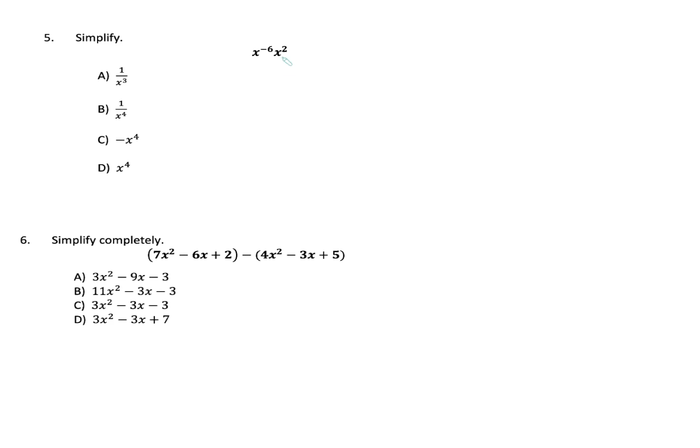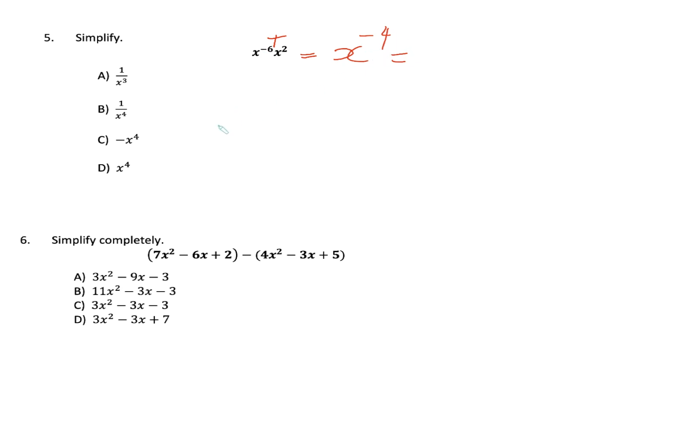Okay, we have the product rule again because you're multiplying, and the rule states that if you multiply, keep the base, and I'm going to add my exponents. Negative 6 plus 2 is negative 4. In algebra, we don't really like negative exponents, so this is where we're going to enforce the negative rule.